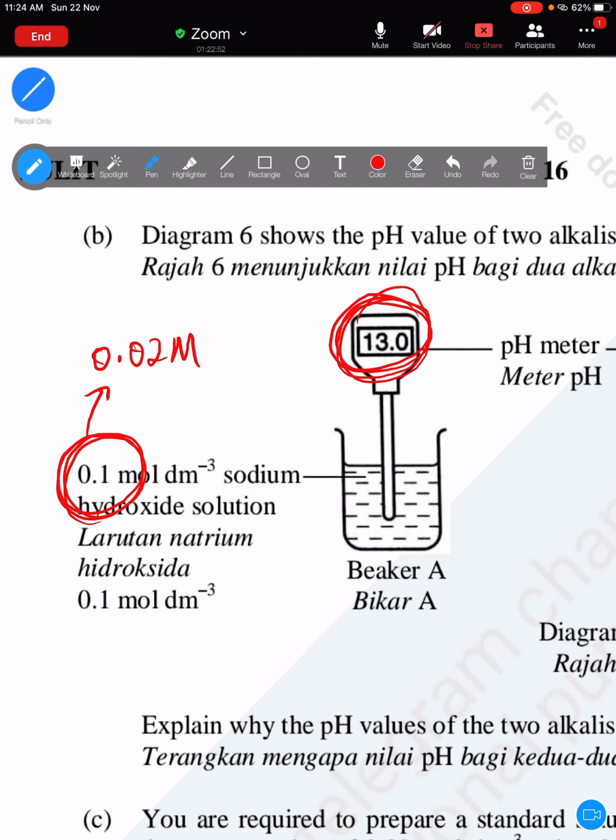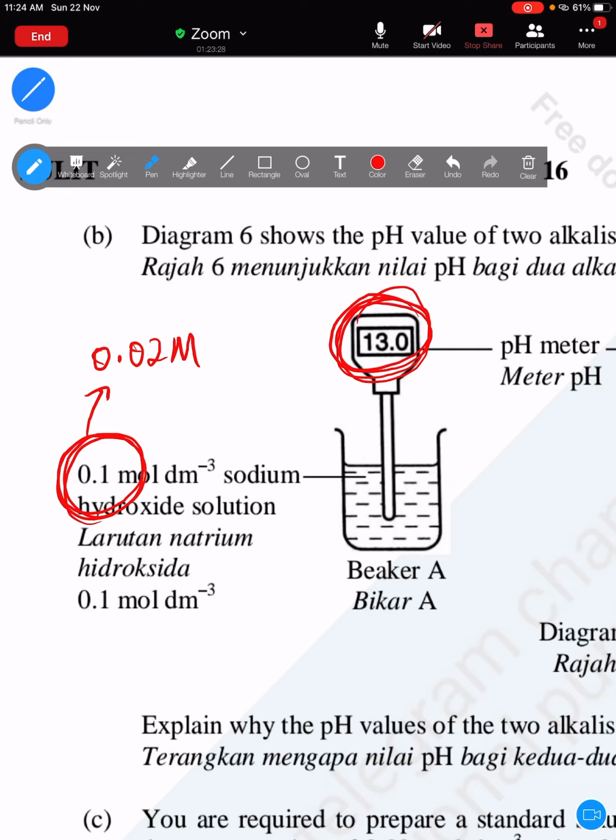After dilution, do you think the pH value remains the same? Yes or no? No, definitely no. Why? After the dilution, the amount of the hydroxide ion is decreasing. Less hydroxide. When you have less hydroxide, the pH value will be lower. That is the theory.